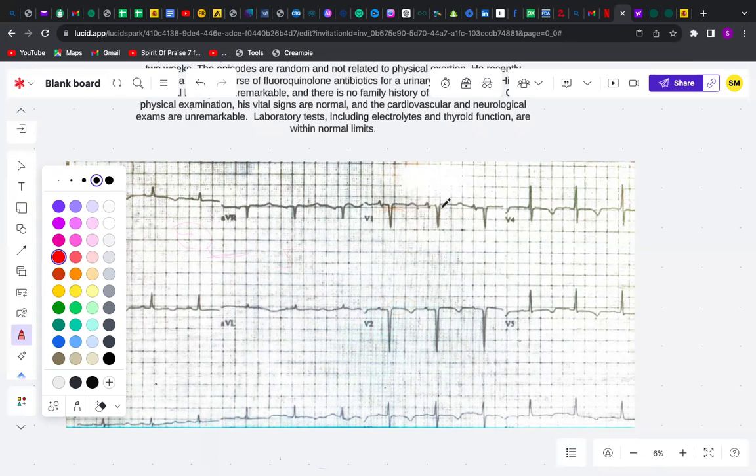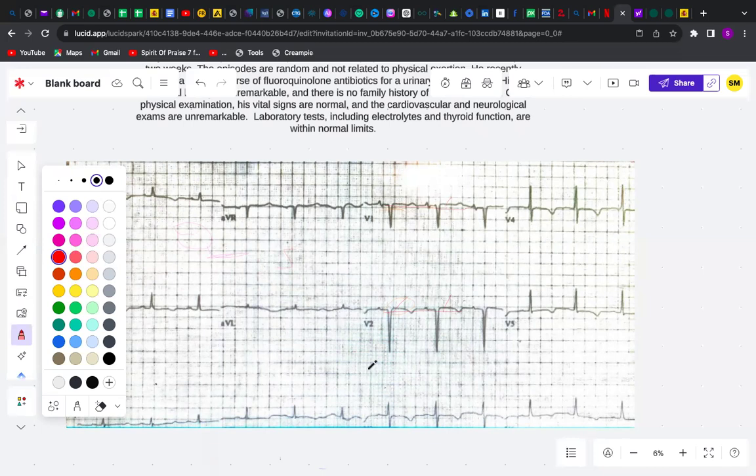It's a slightly elevated ST segment, so you can see that, right? That was for V1, and in V2 we have slight elevation as well. So this would be a septal MI here.